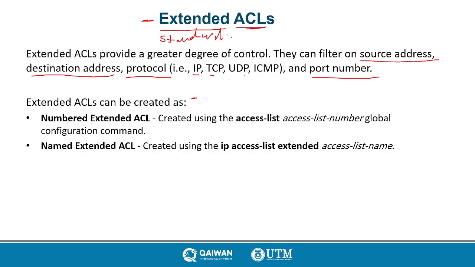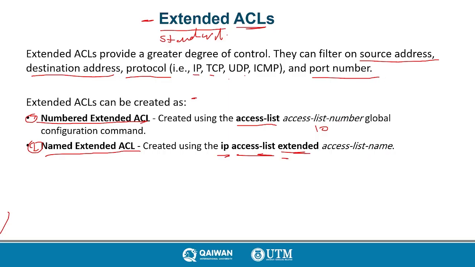And it can be created two ways, again: named or numbered. So it says access-list and the access list number, like 10. And here it says ip access-list extended. Before it was ip access-list standard, then the name.